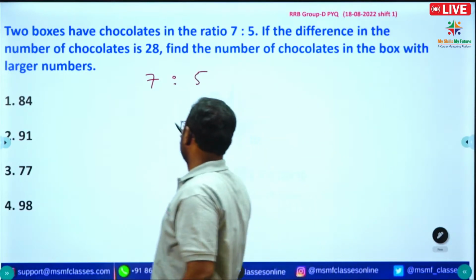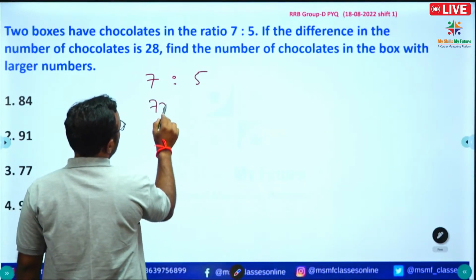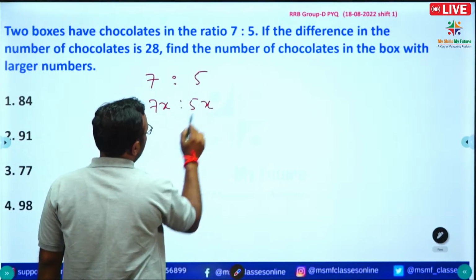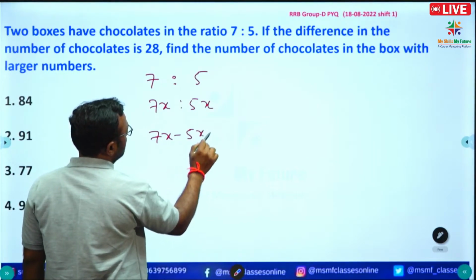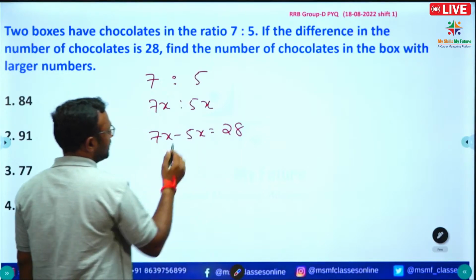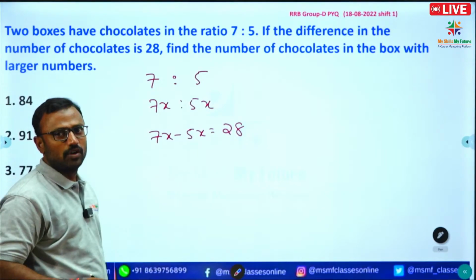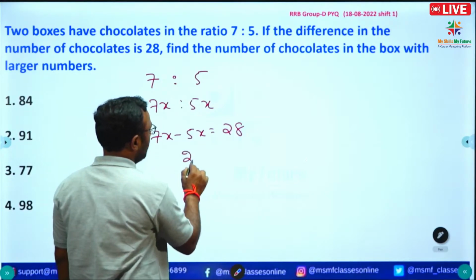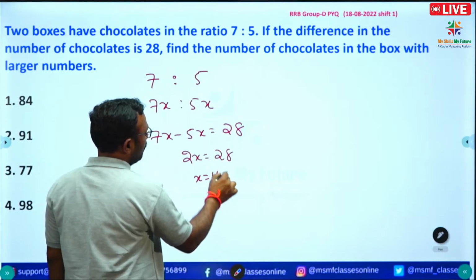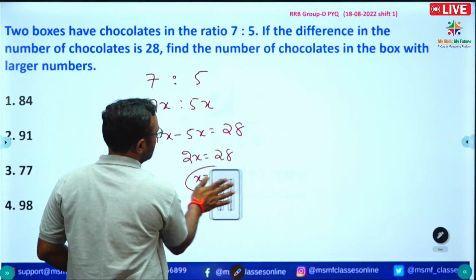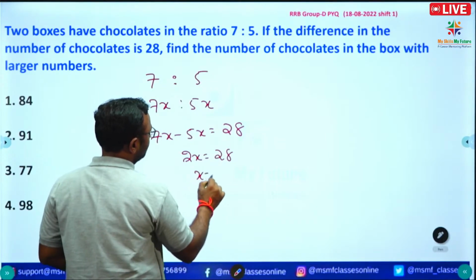So let us take the ratio as 7x is to 5x. They have given the difference between chocolates of 2 boxes is 28. So 7x minus 5x is equal to 28. So 2x is equal to 28, x is equal to 14.